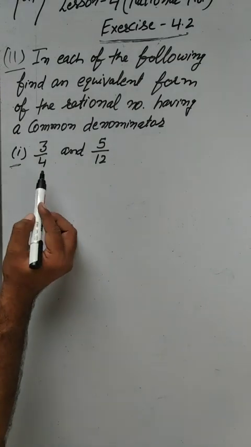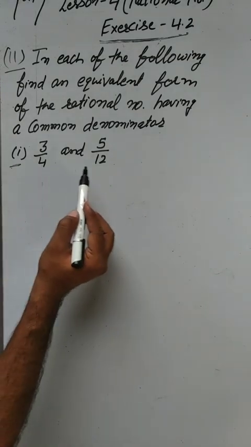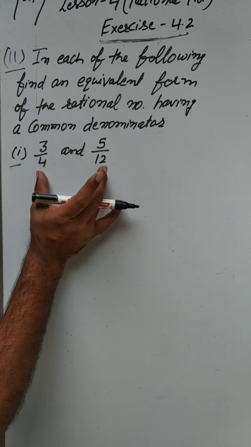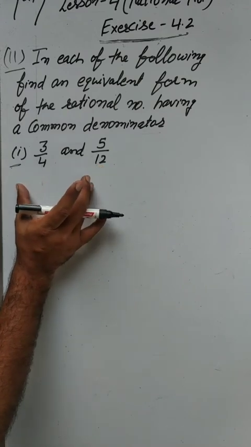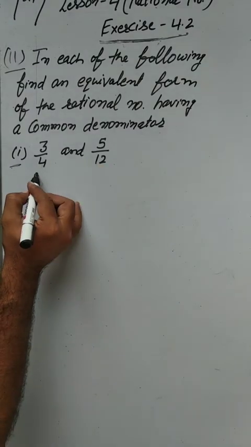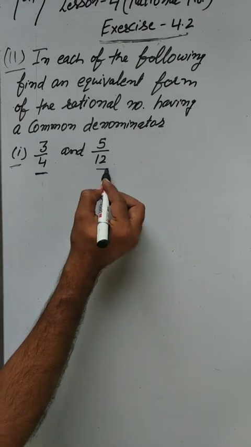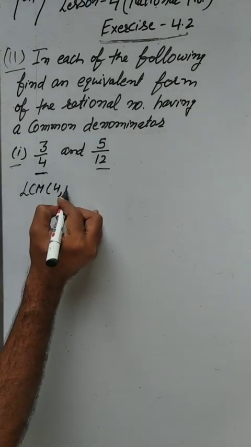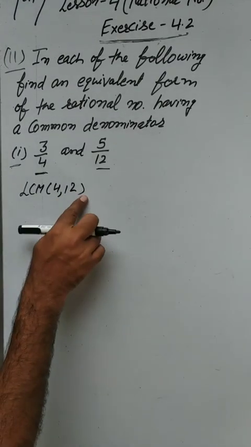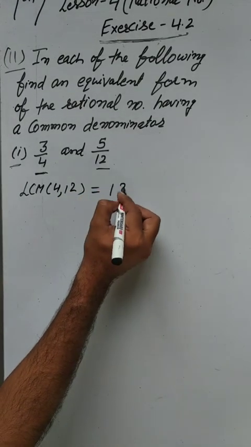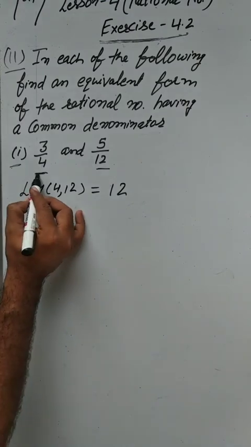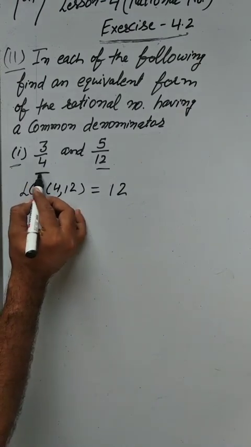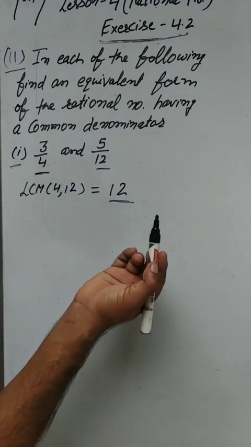The question is you have to rewrite these two rational numbers with the same denominator. So first of all beta, find the LCM of 4 and 12. Clearly beta, the LCM of 4 and 12 will be 12. Now change the denominator of every rational number into 12, like a fraction.